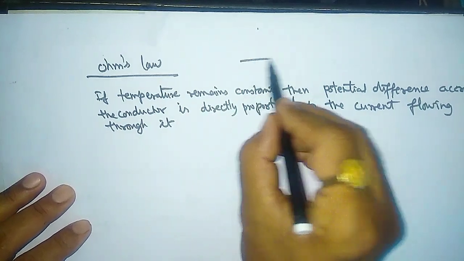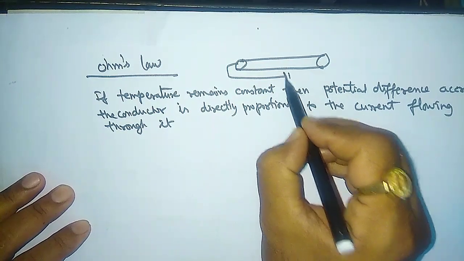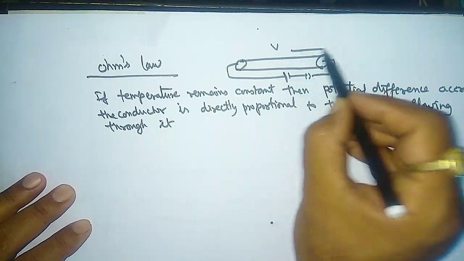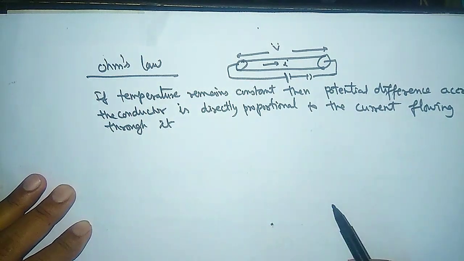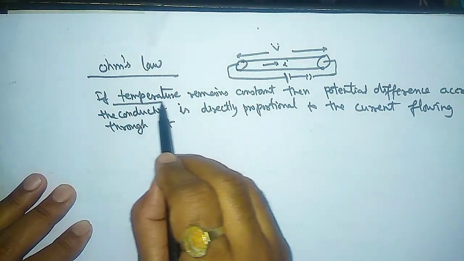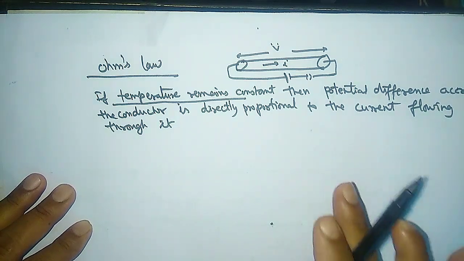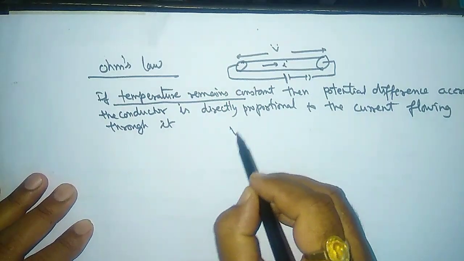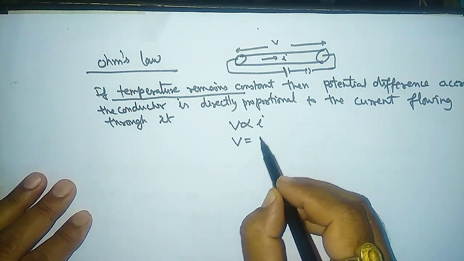It means, suppose it is a conductor, and this is the battery or cell connected here. Now the potential difference developed across the ends is always directly proportional to the current flowing through it. Okay, so V is always directly proportional to I. Remember, if the temperature or the dimensions, that is the thickness, etc., remain constant, then V is always directly proportional to I, or V is equal to IR.